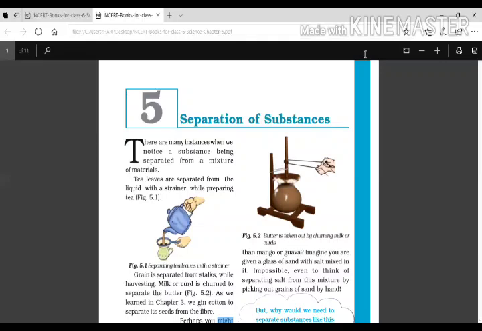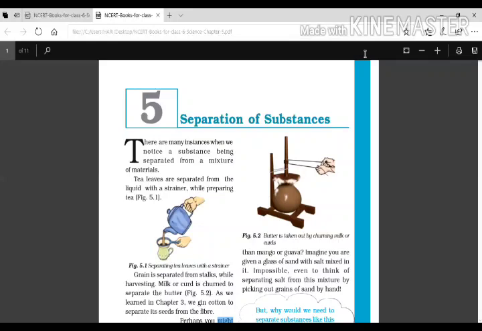But the substances which have a definite volume but no definite shape are called liquids. That means liquids have a definite volume but no definite shape, and they take the shape of the vessel or the container in which we fill them.